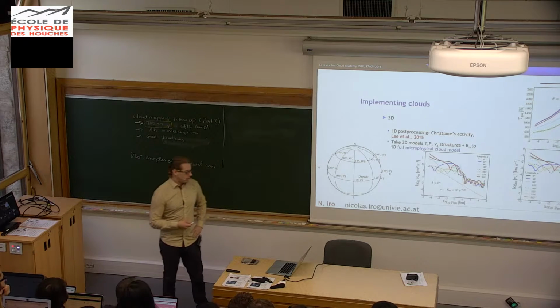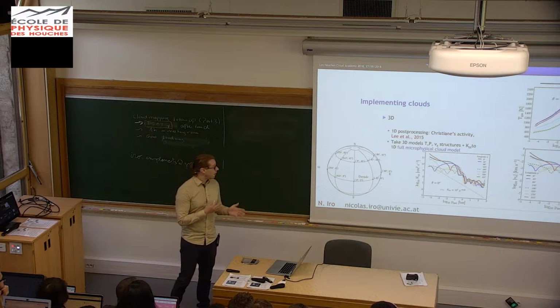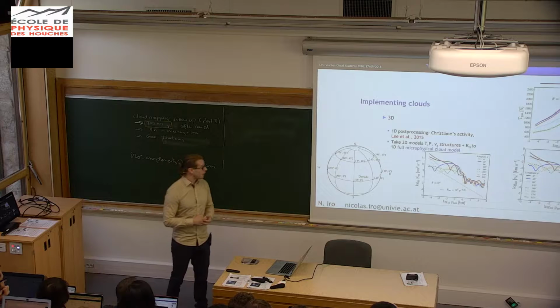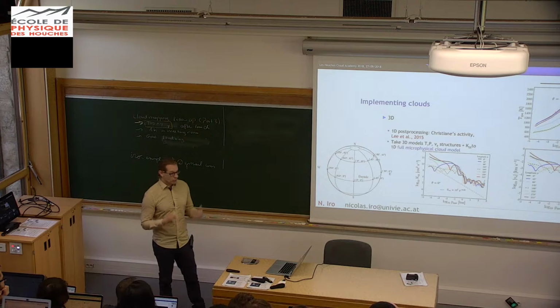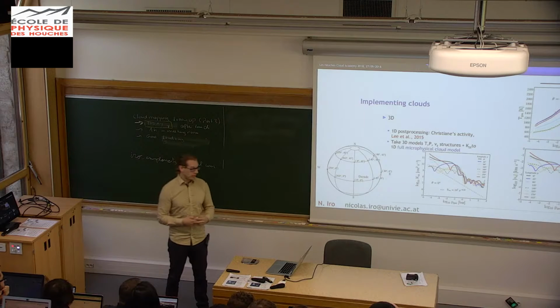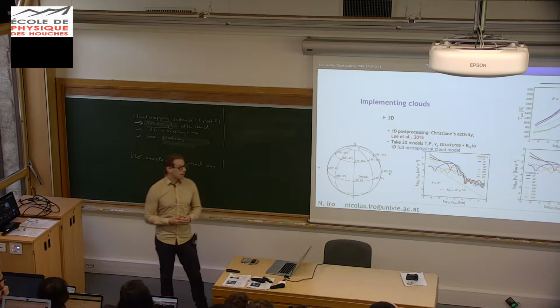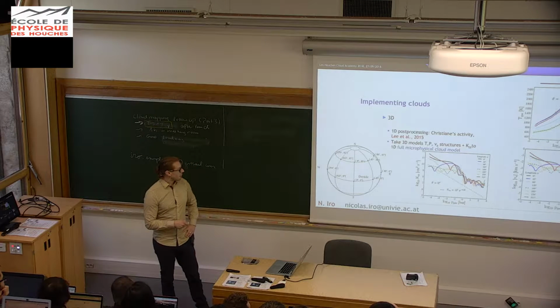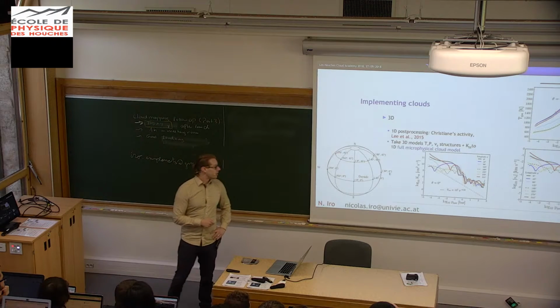Another approach is to use the 3D structure and post-process that to a more complicated cloud model that includes the microphysics. That's one Christian is doing, and that's also been published by Graham.